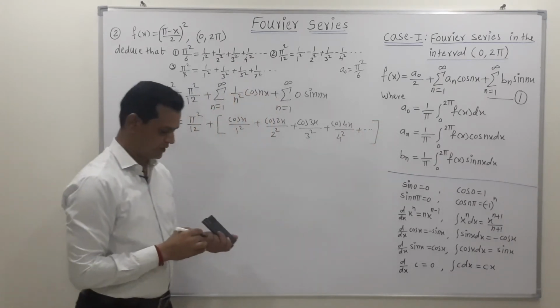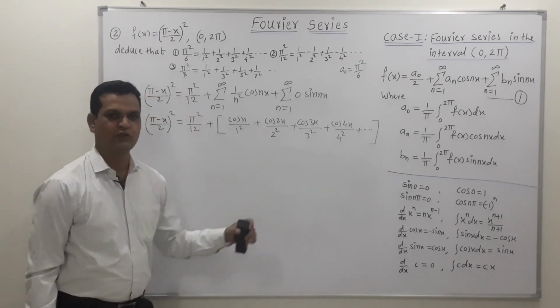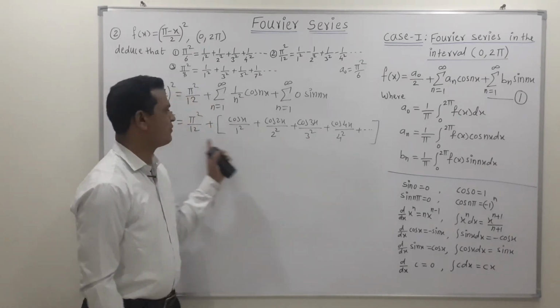After putting particular values for n is equal to 1, 2, 3, 4 and so on, we get such type of deduction.